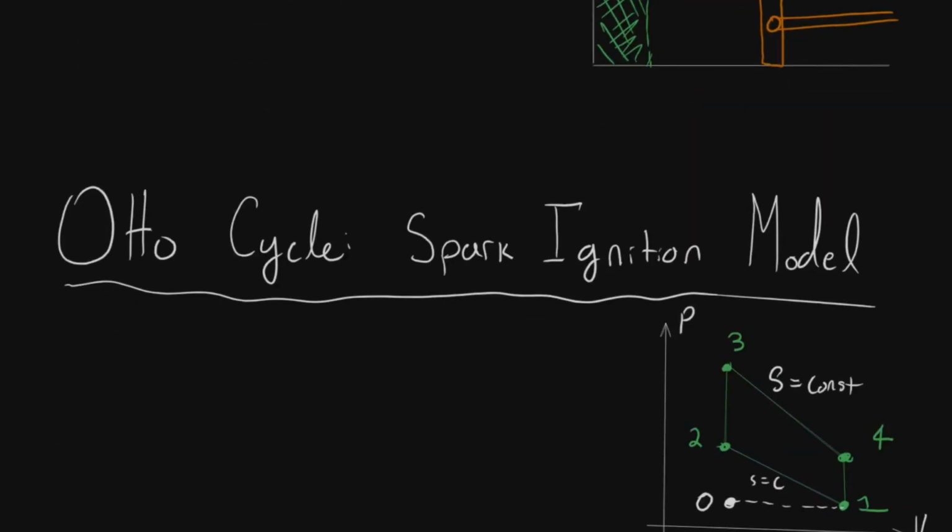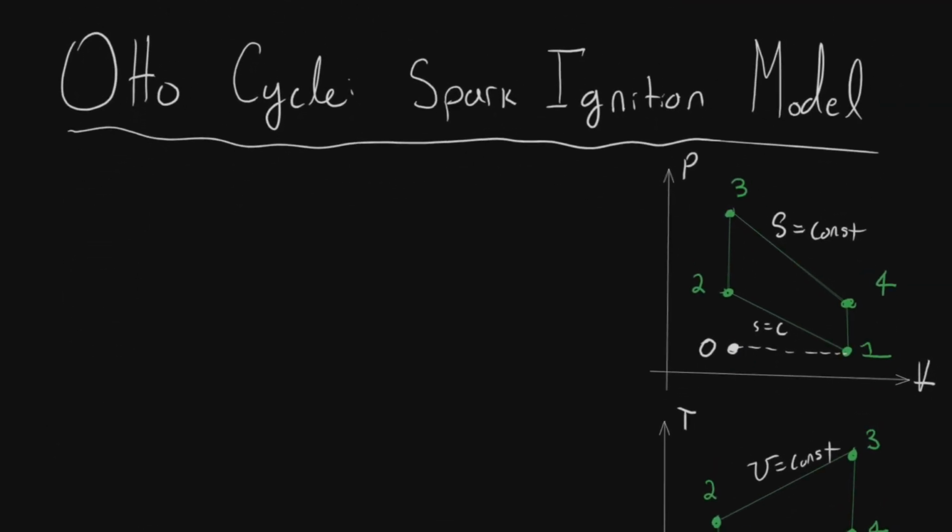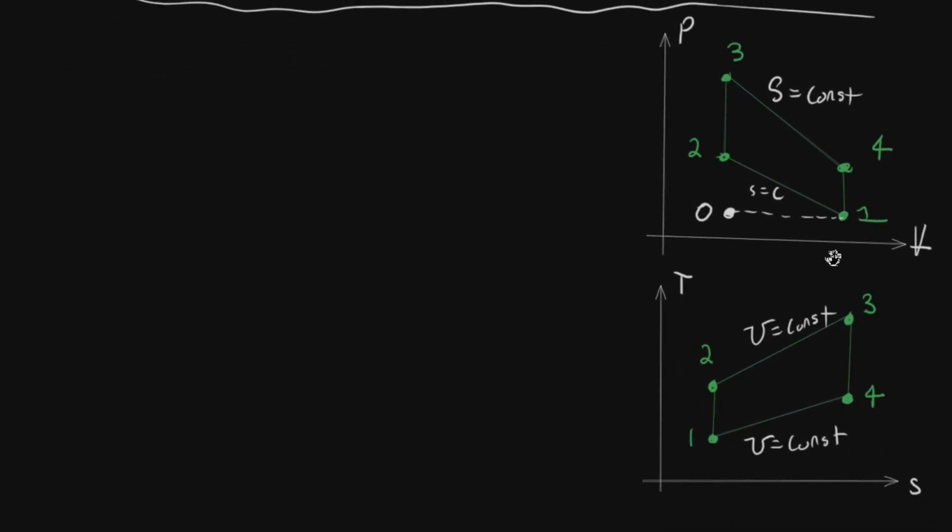So let's look at our first one. The Otto cycle is a spark ignition, like I just talked about. These two diagrams will be pretty useful. The 4-stroke would work like this: you start here, go up, down, and around. This would be our idealization of it. We're assuming the compression and expansion are isentropic, meaning constant entropy.